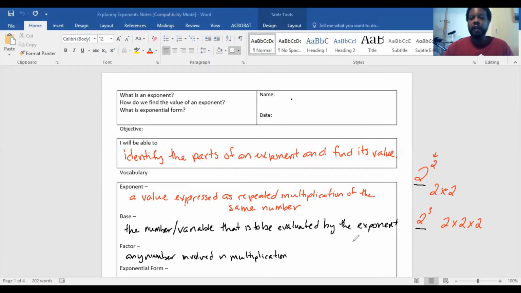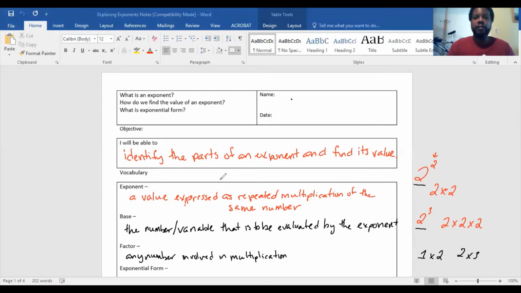So if I have the operation 1 times 2, 1 is a factor and 2 is a factor. If I have the operation 2 times 3, 2 is a factor, 3 is a factor. So a factor is any number involved in multiplication. Okay, so those are the first 3 definitions.